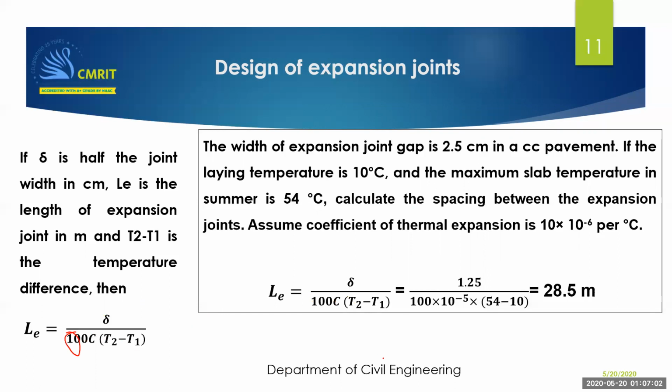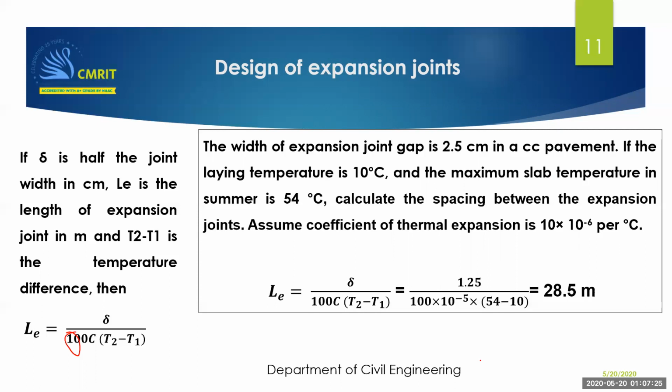See, the width of the expansion joint gap is 2.5 centimeter. So what does it mean? 2 delta is 2.5. And if the laying temperature is 10 degrees Celsius and the maximum slab temperature is 54, calculate the spacing. So you are just asked to find LE. You are given delta is equal to 1.25. Temperature difference is 54 minus 10, which is 44.